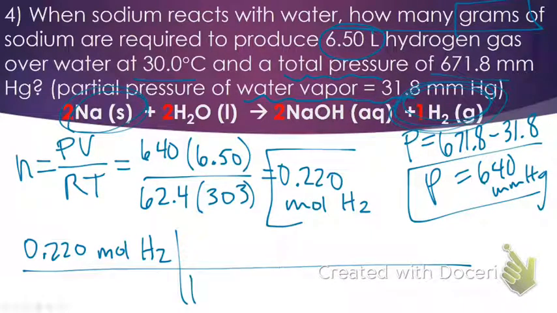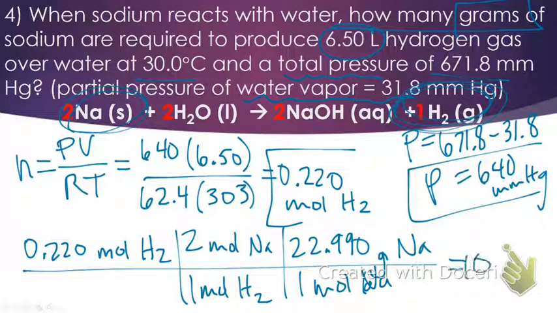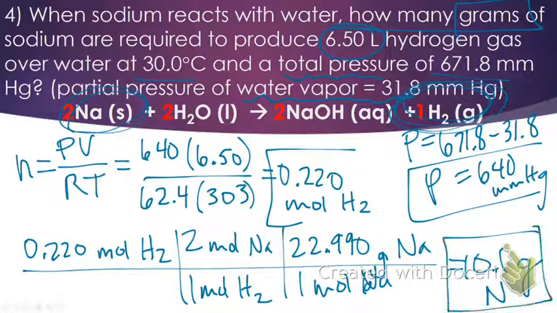So I'm going to put that 1 mole of hydrogen on the bottom, 2 moles of sodium on top, and then I want grams, so I'm going to have to keep going using the molar mass of sodium, of course. Grams sodium. Gets messy as I try and do more and more things, but now we're done. And this equals 10.1 grams of sodium.